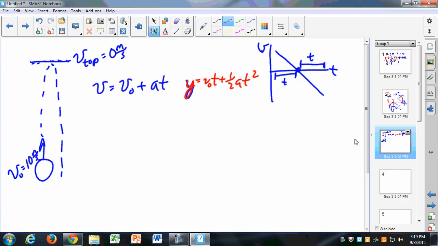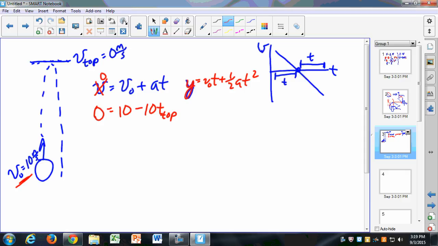Then I can sort of get rid of some things. Here I know that this value is equal to 0. So I can say 0 is equal to 10, that's my V naught here, minus 10 times t. I'm going to call this t top to remind me that that's just half the time. That's the time required to get it to the top.